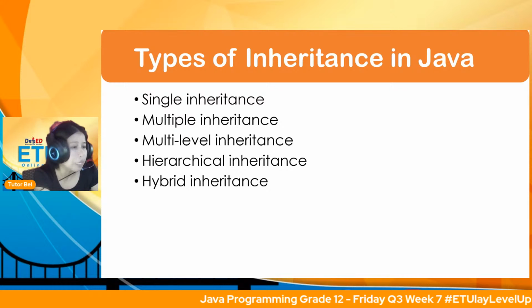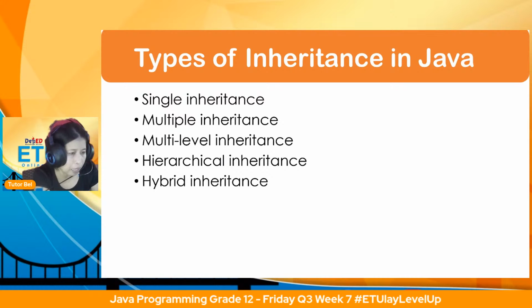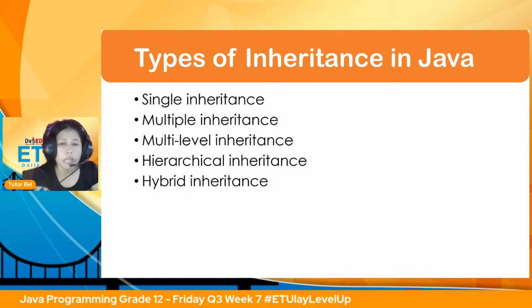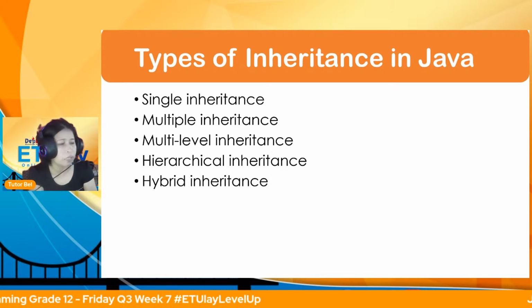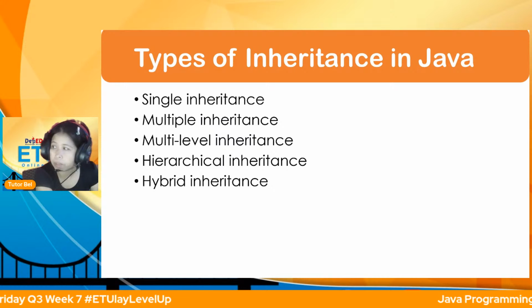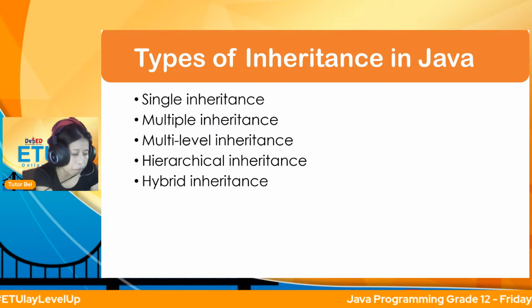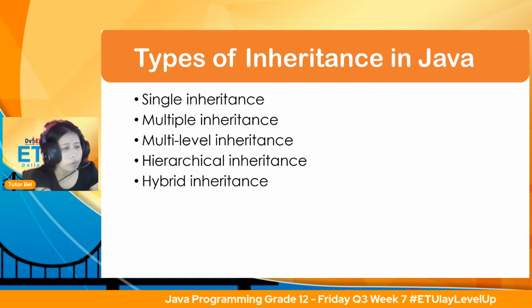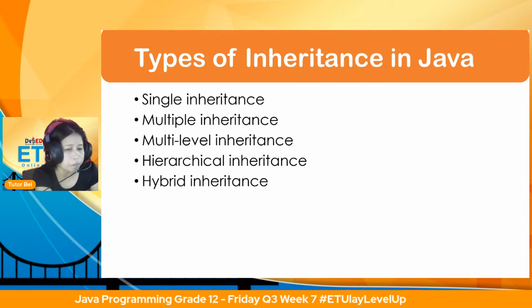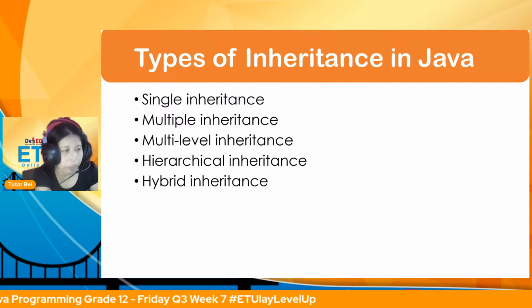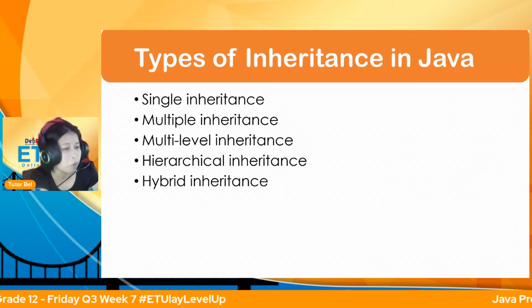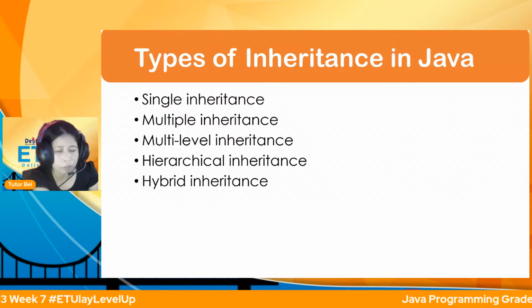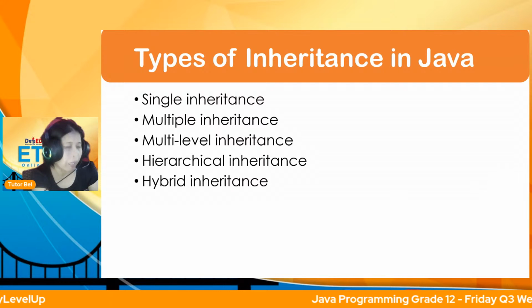That is multiple inheritance. Multi-level inheritance is varied, no? Like for example, the way I walk is like this, the way I sing is like this. So it is like multiple intelligence.